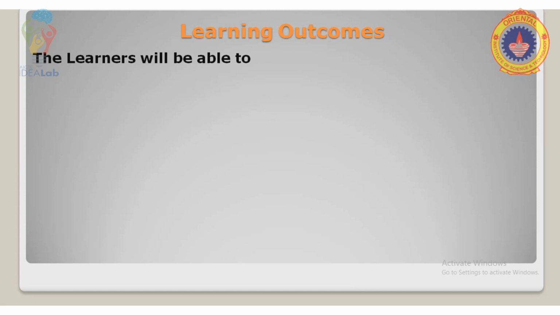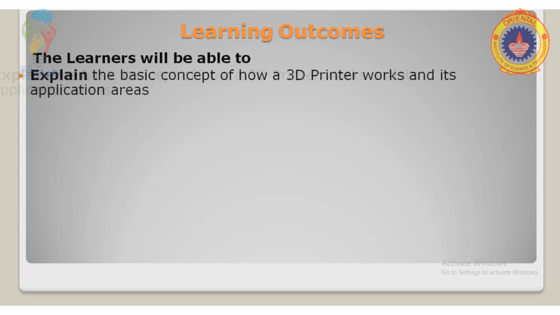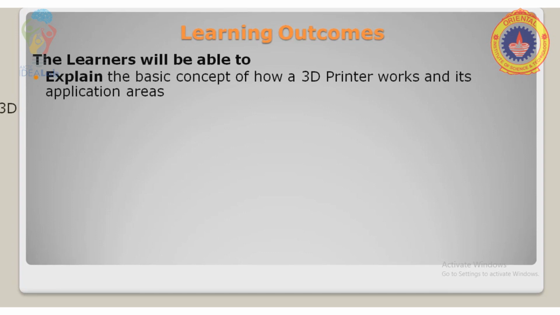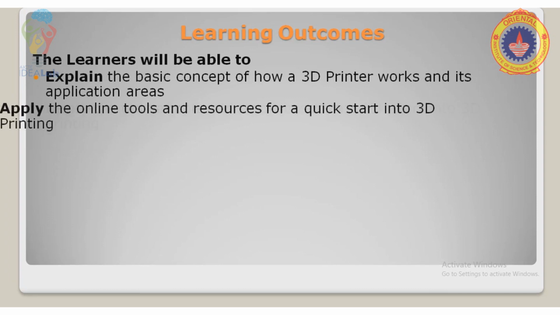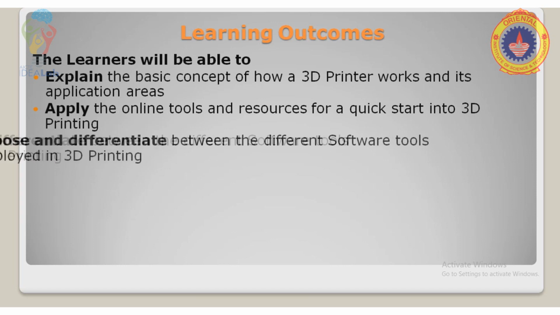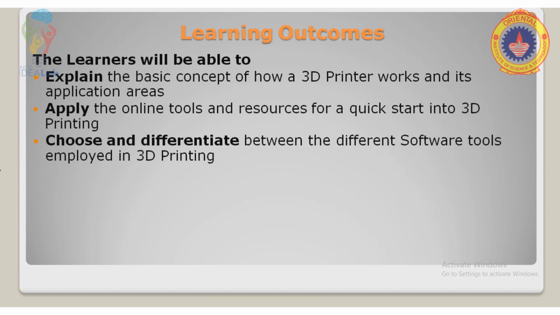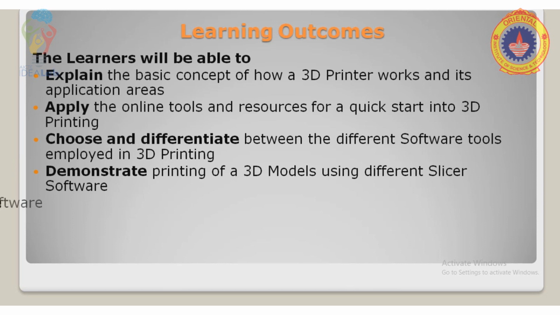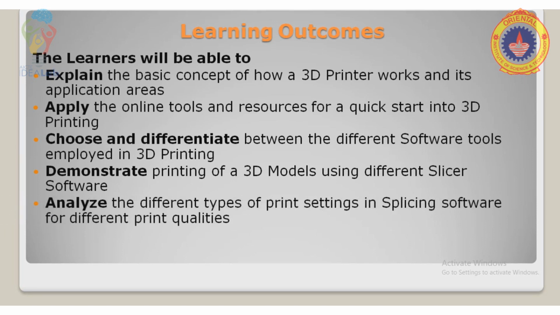The learner will be able to explain the basic concept of how a 3D printer works and its application areas, apply the online tools and resources for a quick start into 3D printing, choose and differentiate between the proprietary and the free software utilized in 3D CAD design and printing, print a 3D printable model using slicer software like Cura, and analyze the different types of print settings in slicing software for different print qualities. So let's start the session.